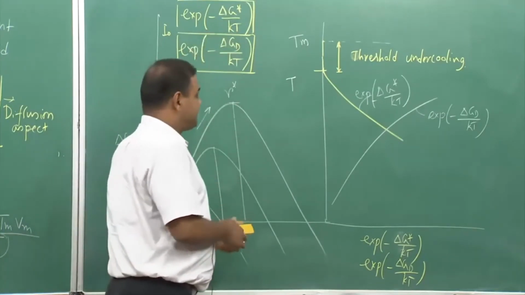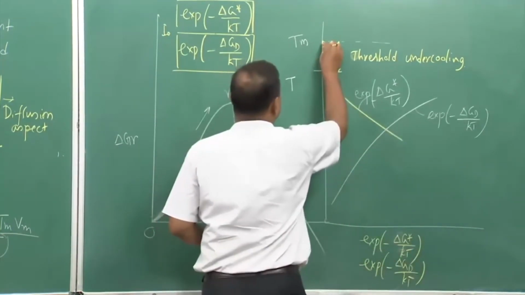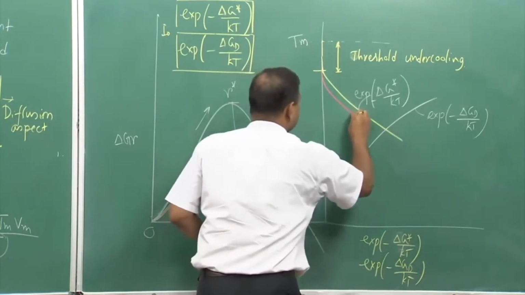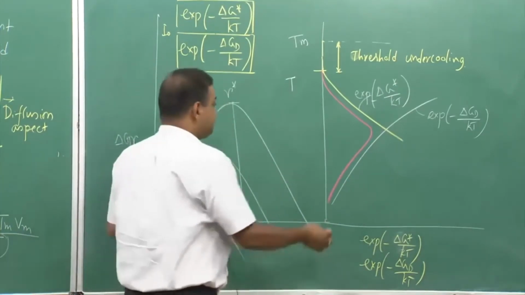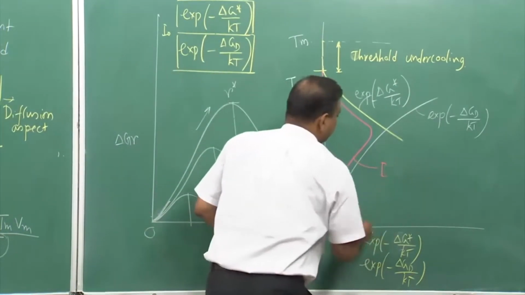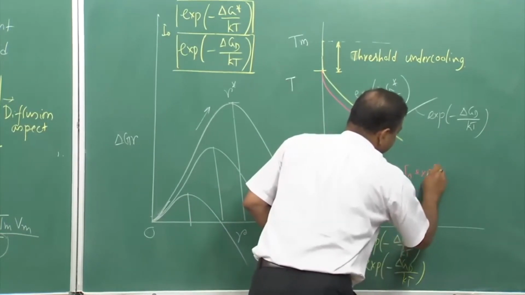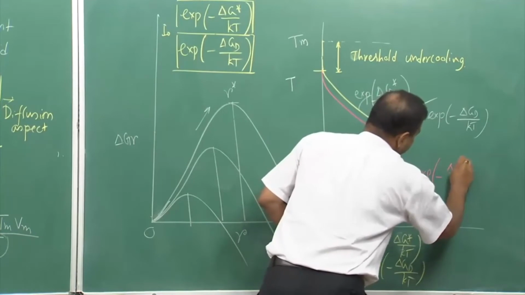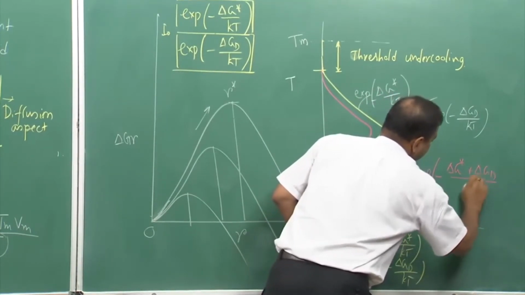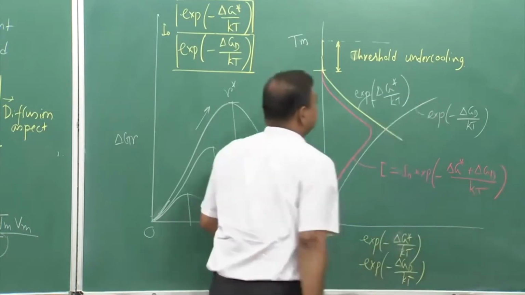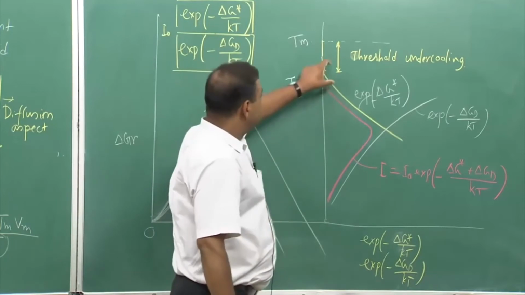So the I would be found between these two lines. So this is my I, which is I 0 kT.